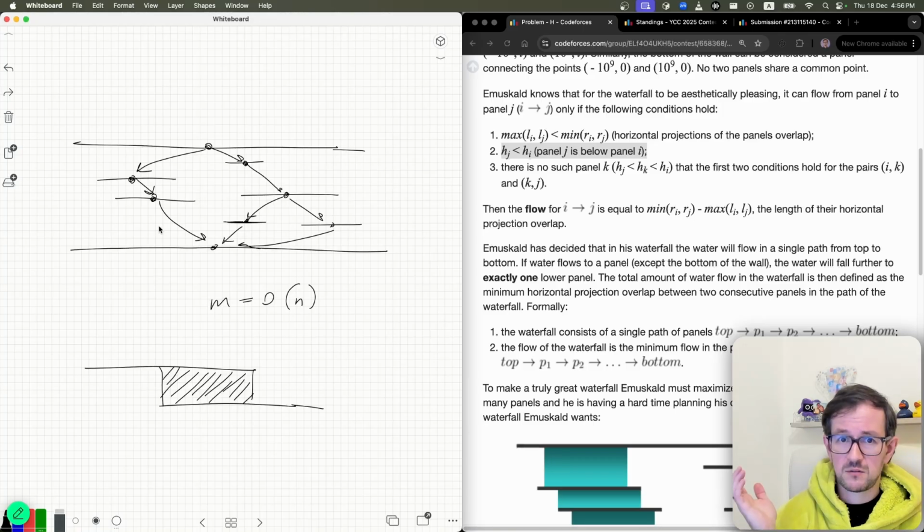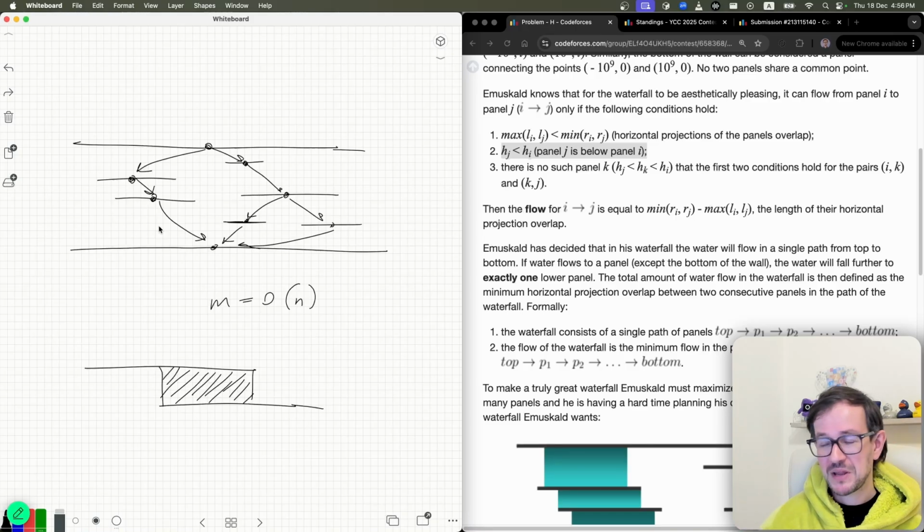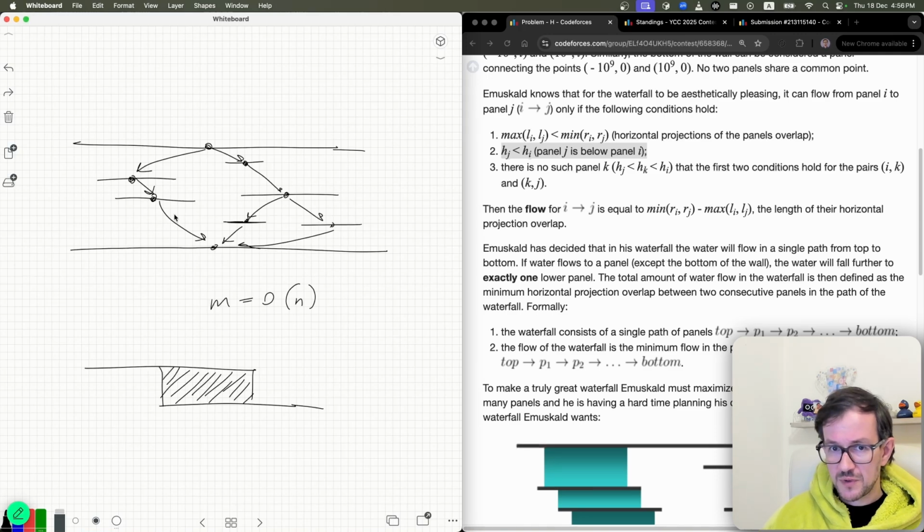Planar graphs have a linear number of edges. It's an interesting thing to keep in mind that if you have some planar structure, then it probably has a linear number of edges. So what I'm trying to do is build this graph explicitly, build all these transitions, where I can push the flow from where, and then run normal dynamic programming over this graph. That's the idea.